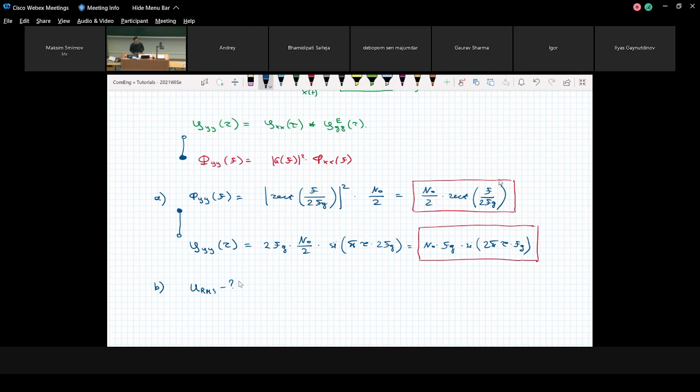What's the meaning of RMS? Have any physical notion for this? How do we calculate it?